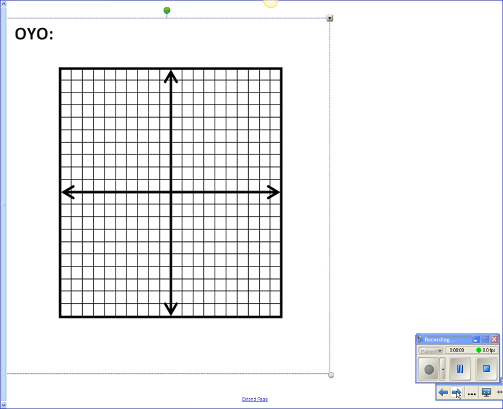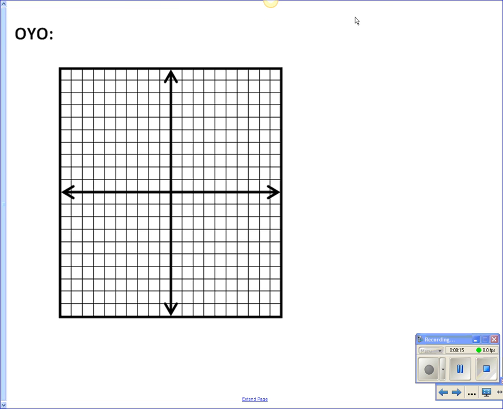All right, for the on your own, you have a graph on your paper. I want you to plot the following points.